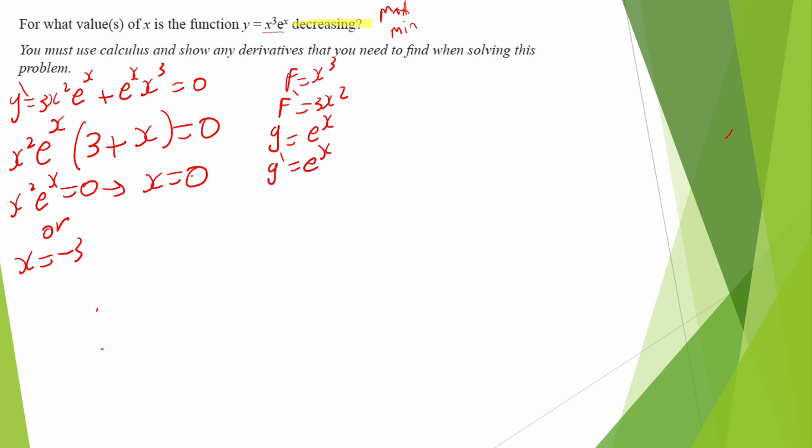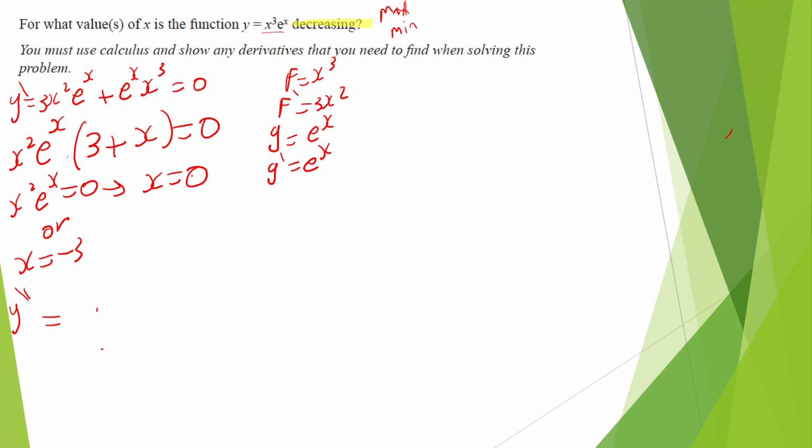We need to find which one is maximum and which one is minimum. So I'll have to double differentiate, and because I double differentiate, there's another product rule involved. I'm going to do the first part, because the second part of the double differentiation is just the same thing. You can apply it, or you can double differentiate when you factorize it.